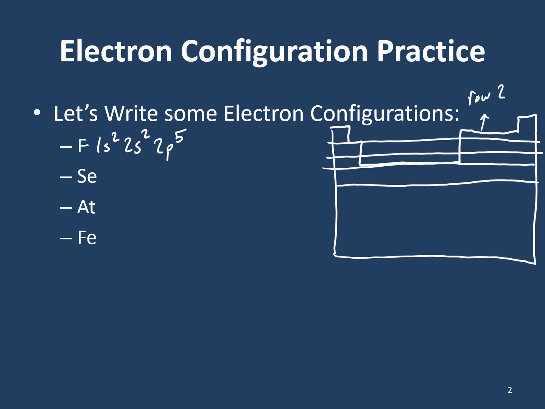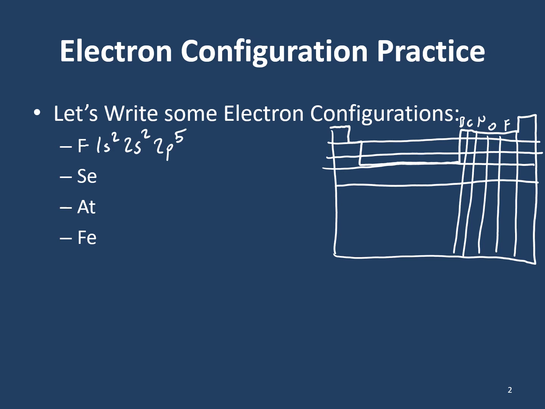This is row 4, right? And so these are our noble gases. Here is fluorine. Here is oxygen. This is O. This is F. This will be N. And then we have like B and C.